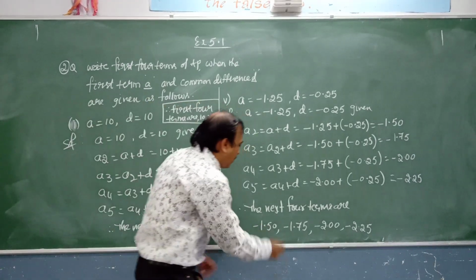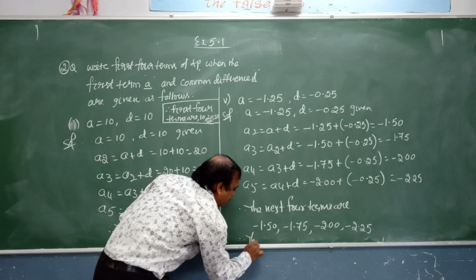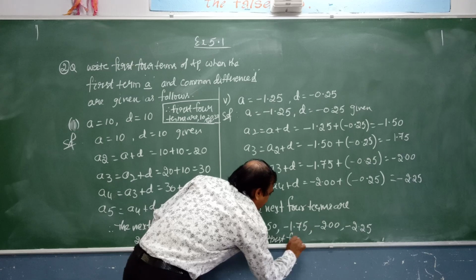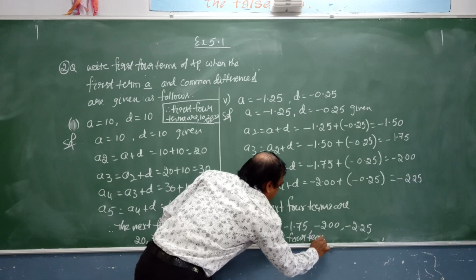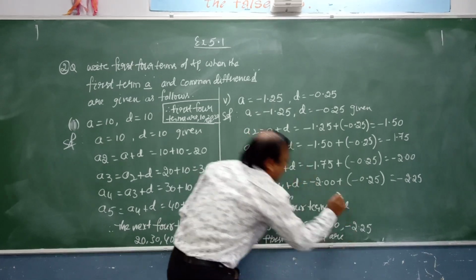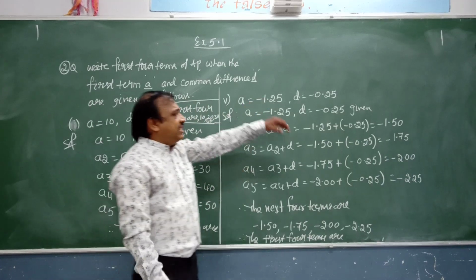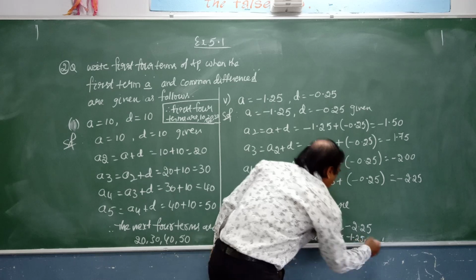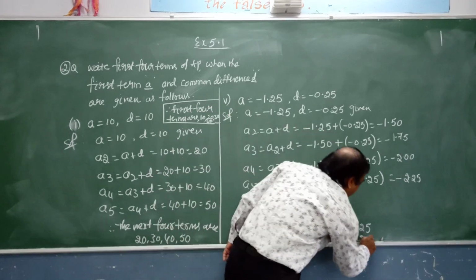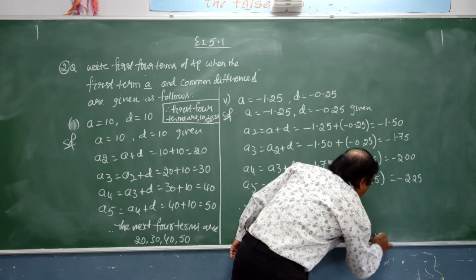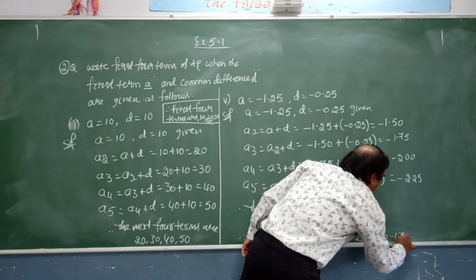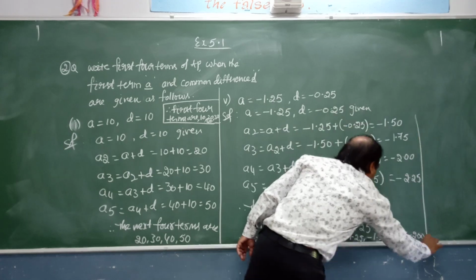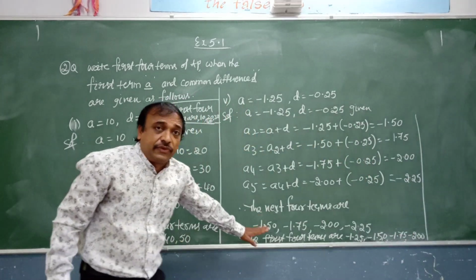So here also, therefore the first four terms are, what are the first four terms? One is minus 1.25, next minus 1.50, minus 1.75, minus 2.00. These are the first four terms.